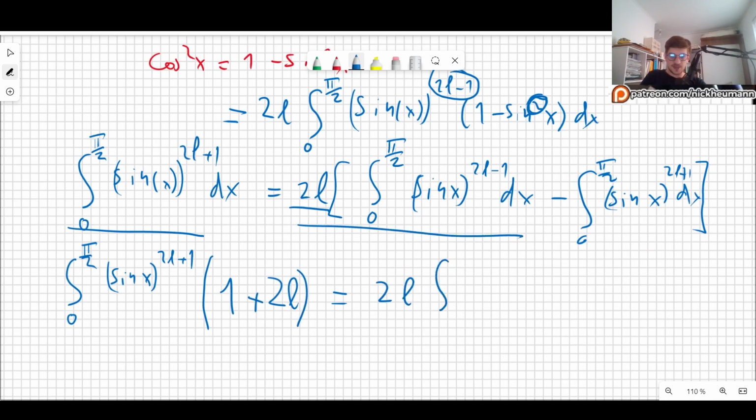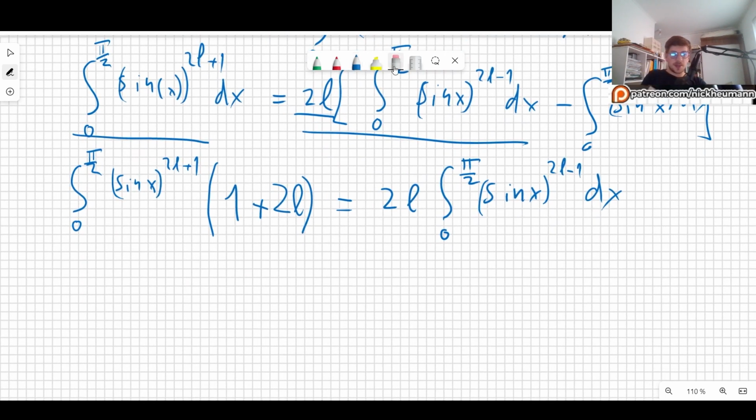So 2l times the integral from 0 to pi over 2 of sine of x to the 2l minus 1 dx. Okay, so here we can of course simply divide by 1 plus 2l, so 2l over 1 plus 2l, and just see what we have right here.